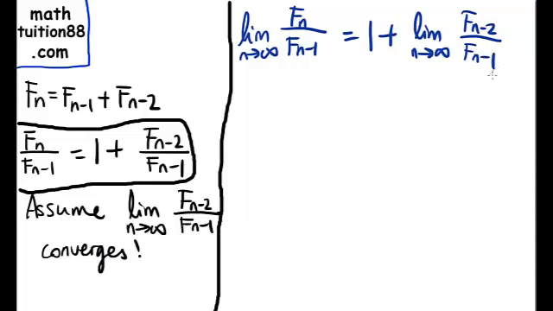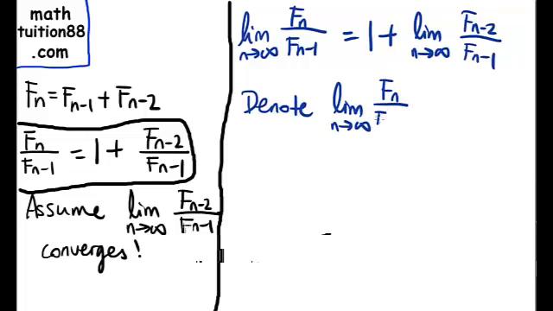So this equation holds, and we will denote this f n over f n minus 1 as phi. We haven't said what this Greek symbol phi is, but we will soon prove that it is a value very close to 1.6. We are getting there soon.